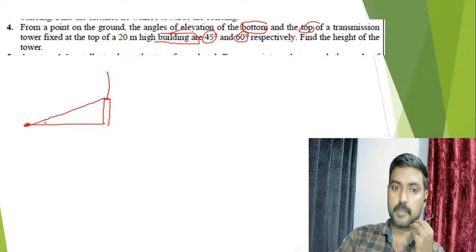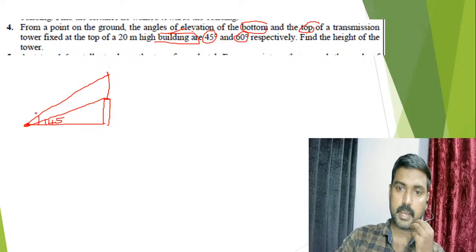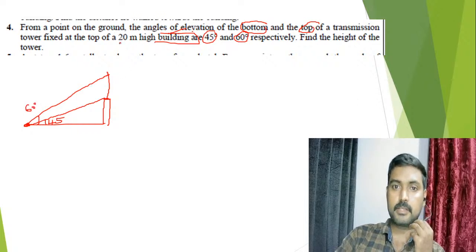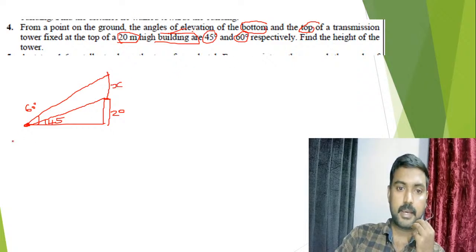Towards this we are making the angle 45 degree and towards the top of the transmission tower the angle is 60 degree. And it is given a 20-meter high building. So the height of the building is given 20 meter. Find the height of the tower, that we can assume is x. And we can mark the triangle's name A, B, C, D.